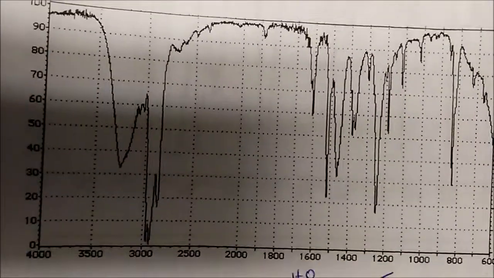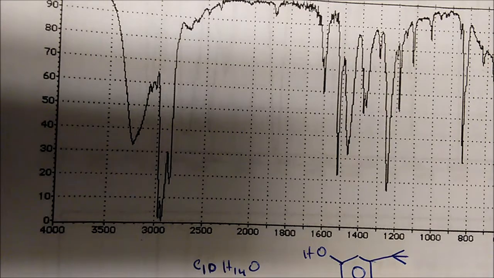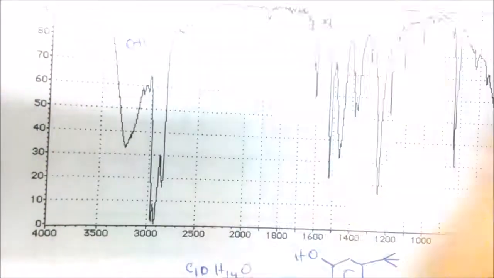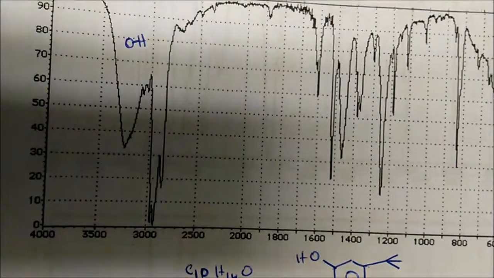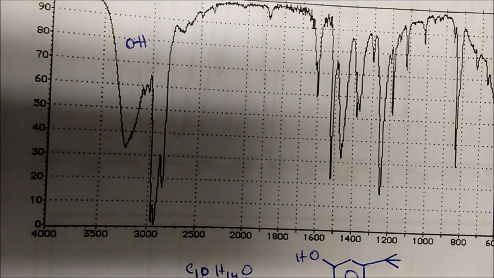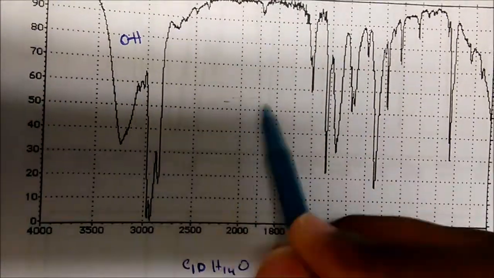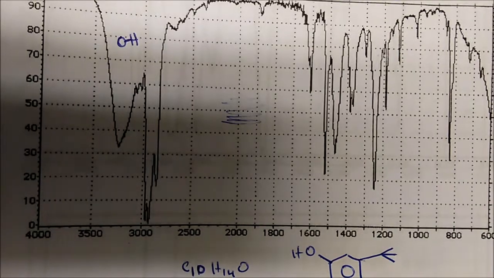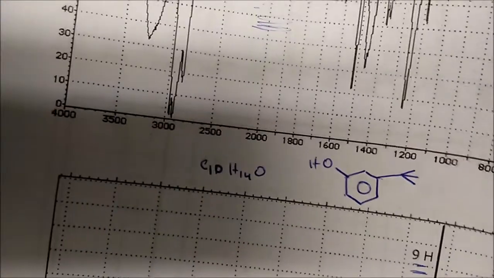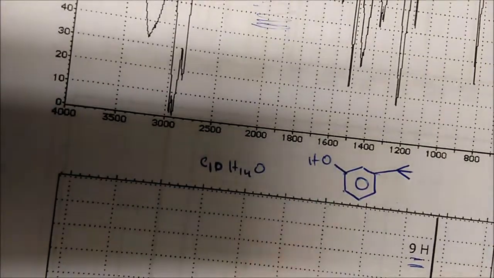Now let's take a look at the IR to come to a final conclusion. Here we have an OH. Remember, from IR spectroscopy, we know we have an alcohol. The rest is pretty much details that we don't really need. We just want to know that this is an alcohol, and we have C10H14O.